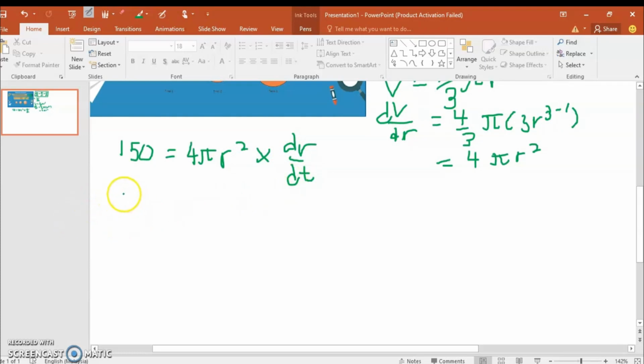So we move 4 pi r squared to the left, which gives 150 over 4 pi r squared equals dr/dt.